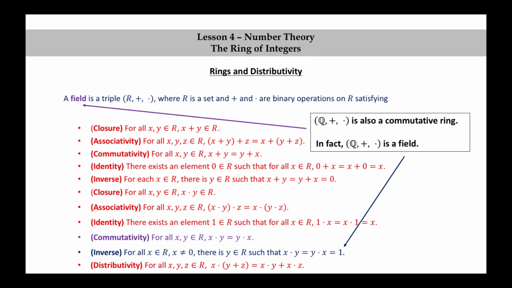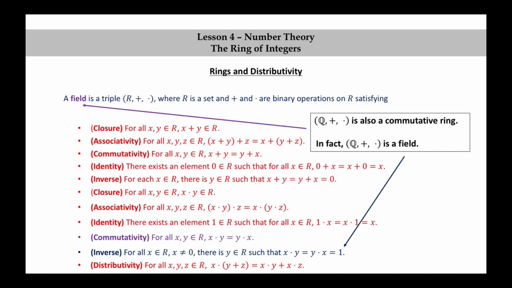So for all x in R, x non-zero, there is y in R such that x times y equals y times x equals 1. Note that we need to exclude 0 because 0 can never have a multiplicative inverse. Anything times 0 is always equal to 0 and not 1.